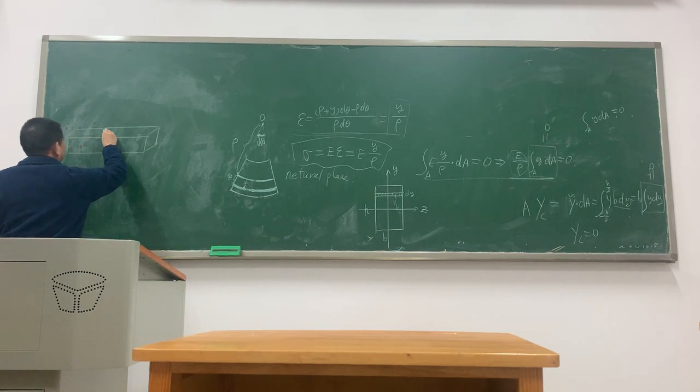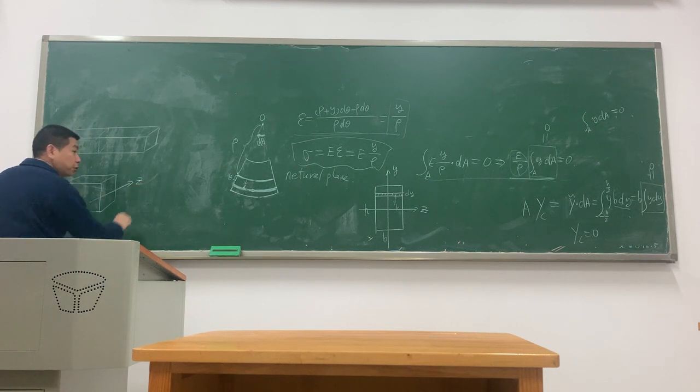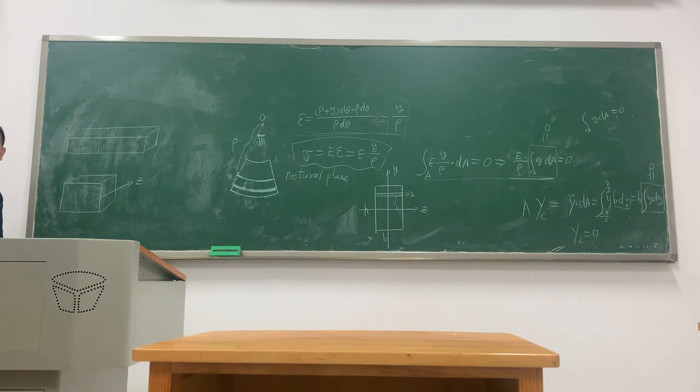So we can make a cross section. This is the neutral axis. Look at the cross section, this is the neutral axis. The neutral axis passes the center of the rectangle.